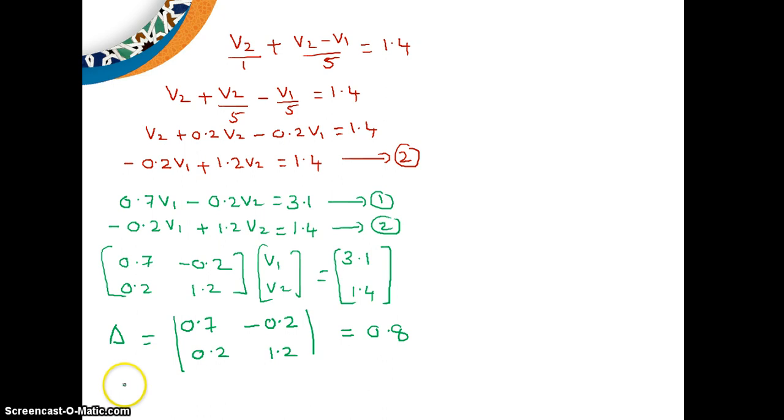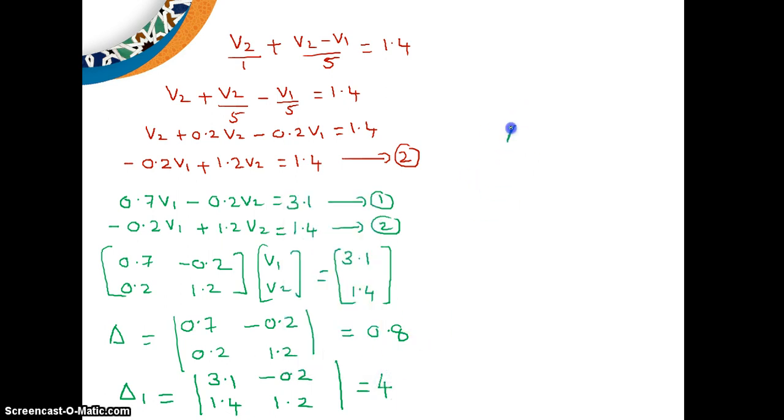Similarly, we calculate delta 1. Replace the first column by 3.1, 1.4, the answer. So with minus 0.2 and 1.2, you get 4.